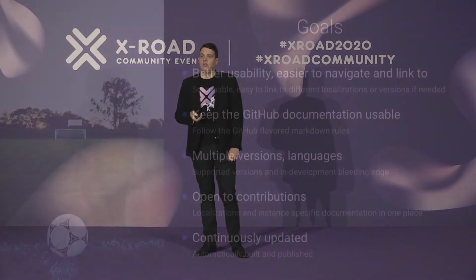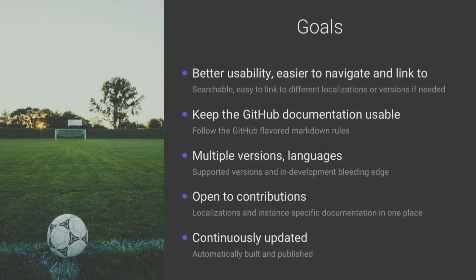And fourth, here we have open to contributions. Of course, as the source code itself is open to contributions, we also want our members and our users to be able to contribute to the official documentation.